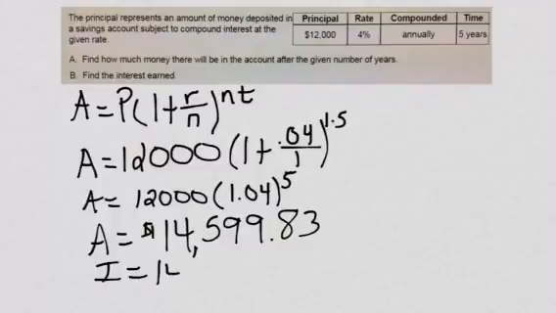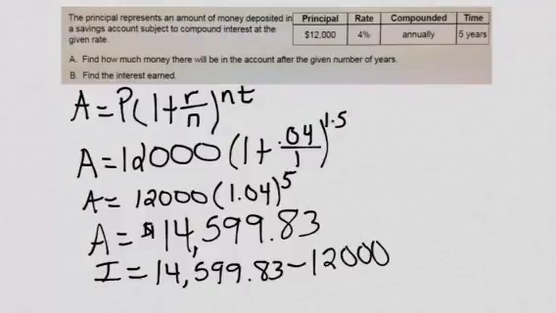So we're going to do $14,599.83 minus our principal amount, which is 12,000, and that gives me a total of, let's see, $2,599.83. And so that would be the amount of interest earned.